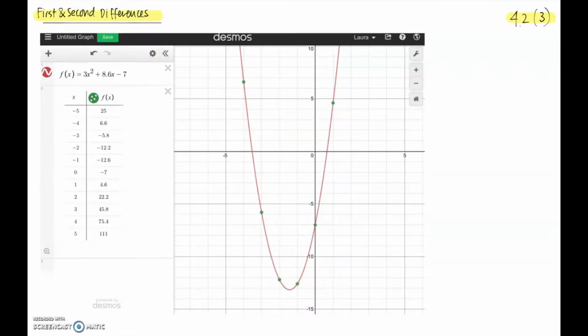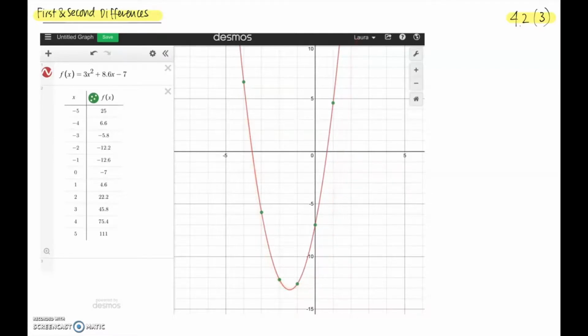So now here's what I want to think about. I want to think about these outputs, and what if I took each output and subtracted from it the one that came right before? So this output minus this one, and then I would do this one minus this one. These are all evenly spaced inputs. If we took the difference of the outputs, each successive pair, if it was a linear function, they would be the same number actually, but it's definitely not a linear function.